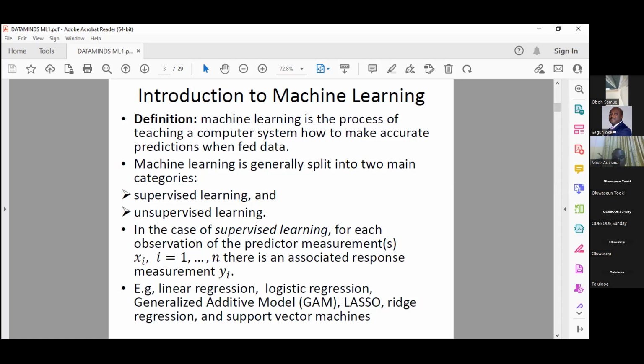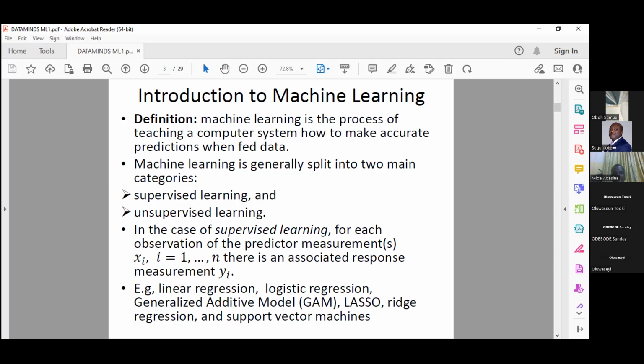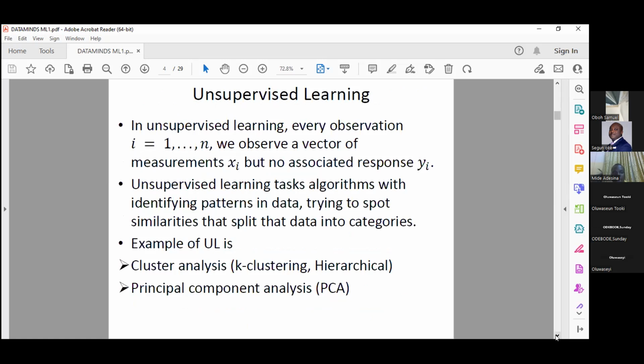Those are regularized, penalized regressions. Then the support vector machine. Those fall in the class of supervised learning. Then in the area of unsupervised learning, no variable is more important than the other. All the variables are equally important.